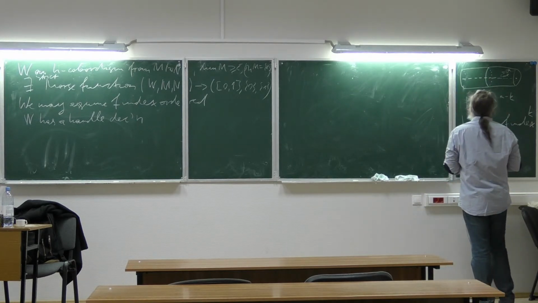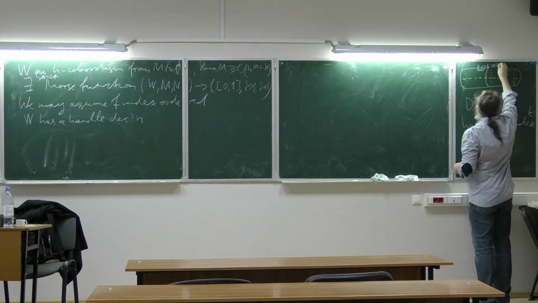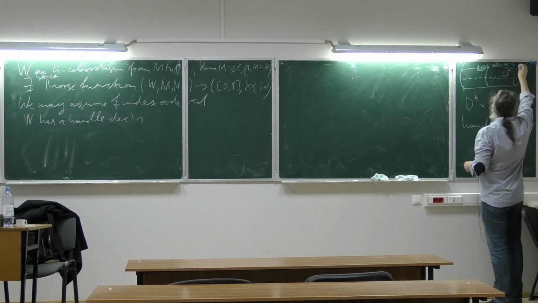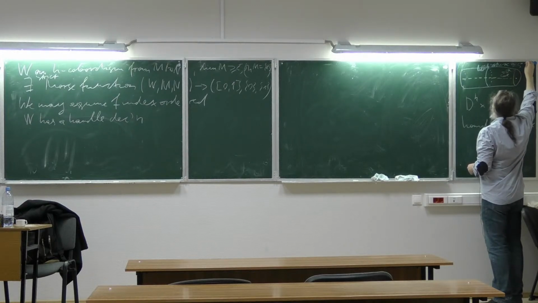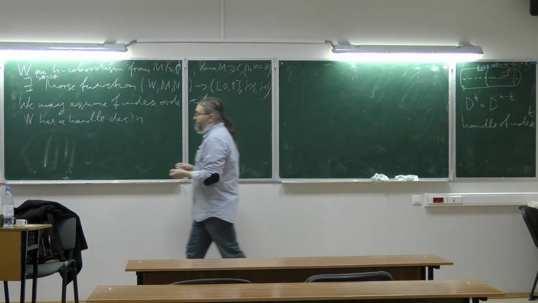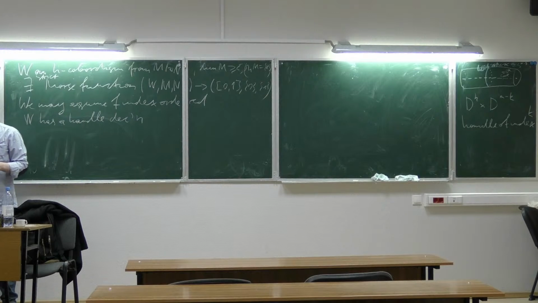Now, there's the belt sphere, which is homotopy equivalent to the sphere S^{m-1}.